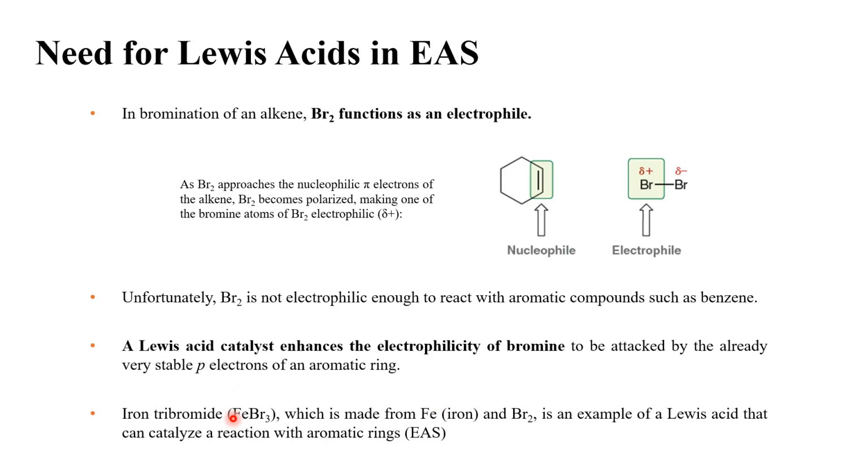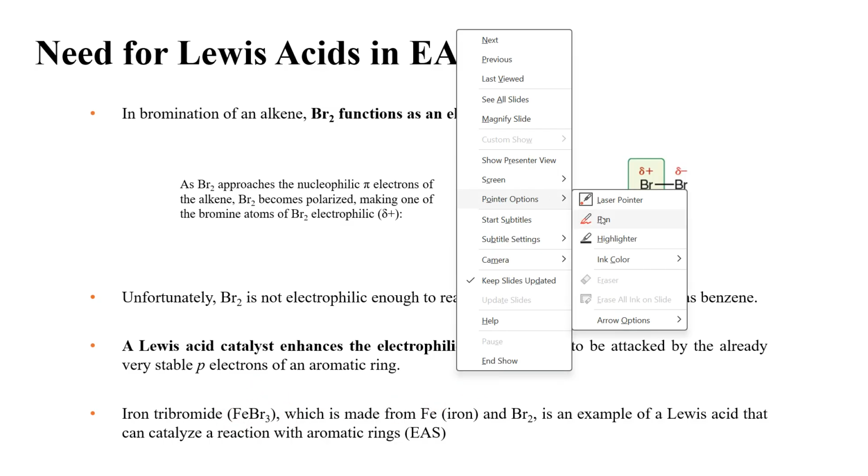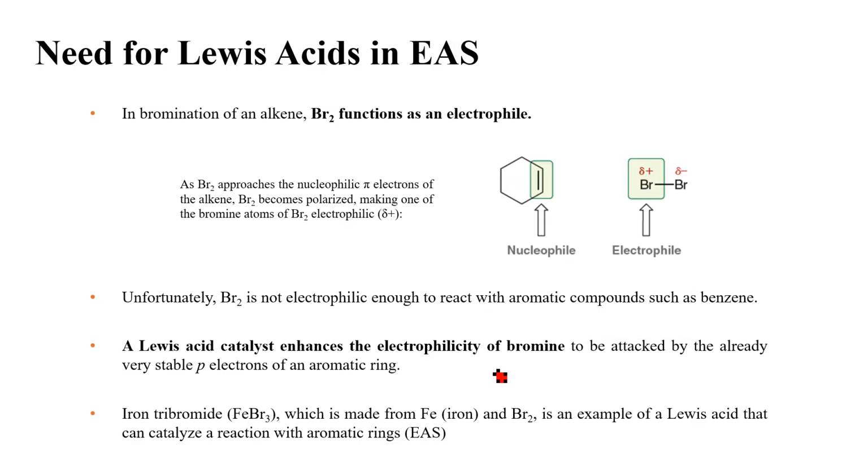And if you're wondering where FeBr3 comes from, let's just go back to the pen here. If I take Fe, iron, and I mix it with Br2, and Br2 is a liquid at room temperature, I'm going to make FeBr3, which is, I believe, a solid.